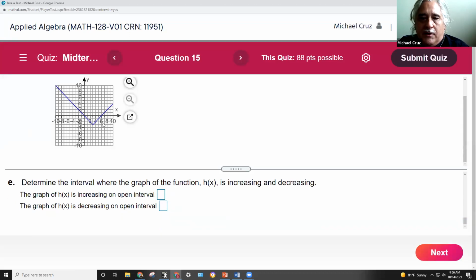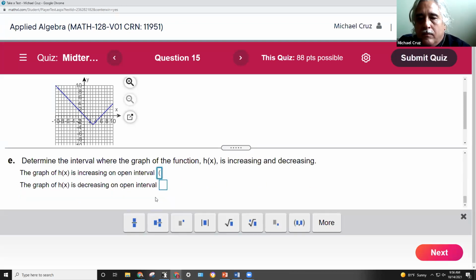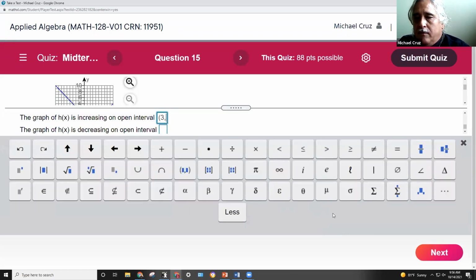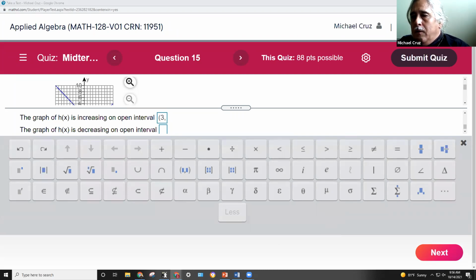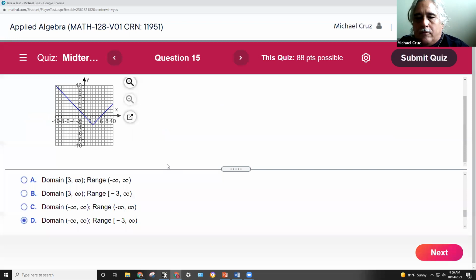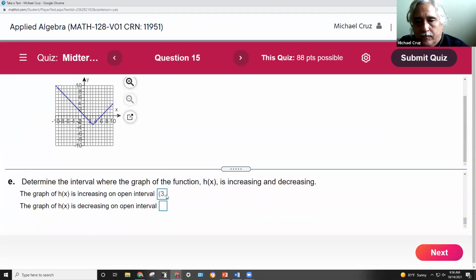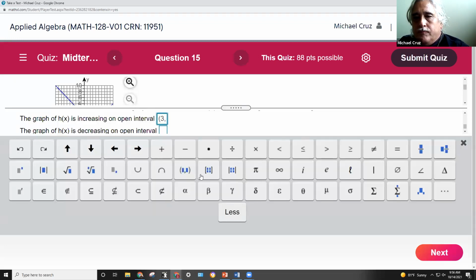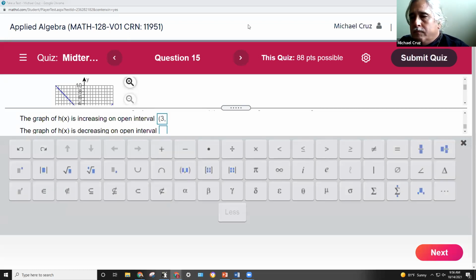All right, increasing from x is equal to 3 to infinity.